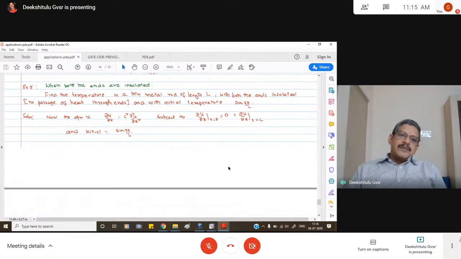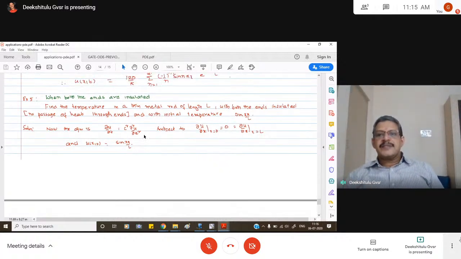Next problem: find the temperature in a thin metal rod of length L with both the ends insulated, no passage of heat through the ends, and with initial temperature sin(pi x by L).